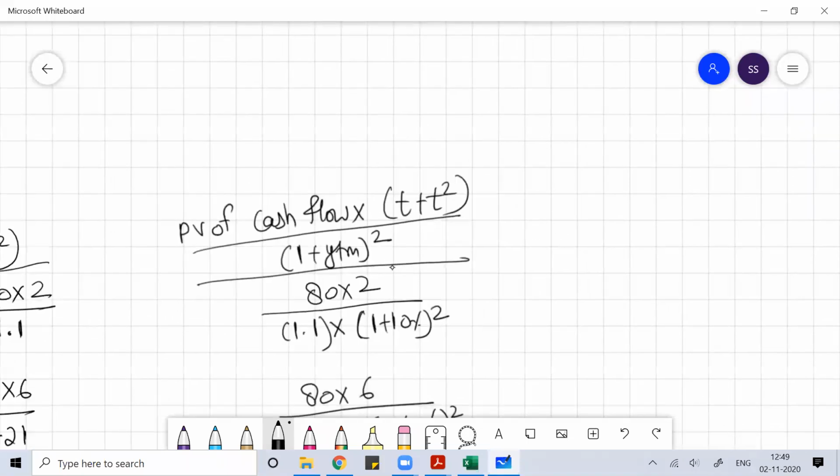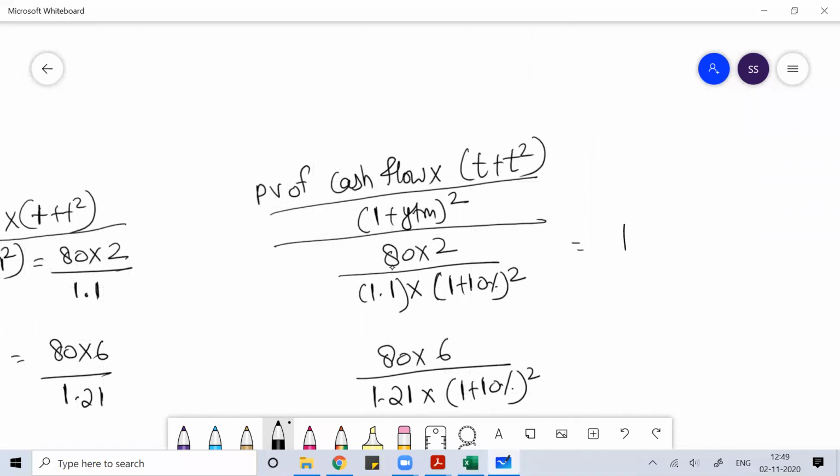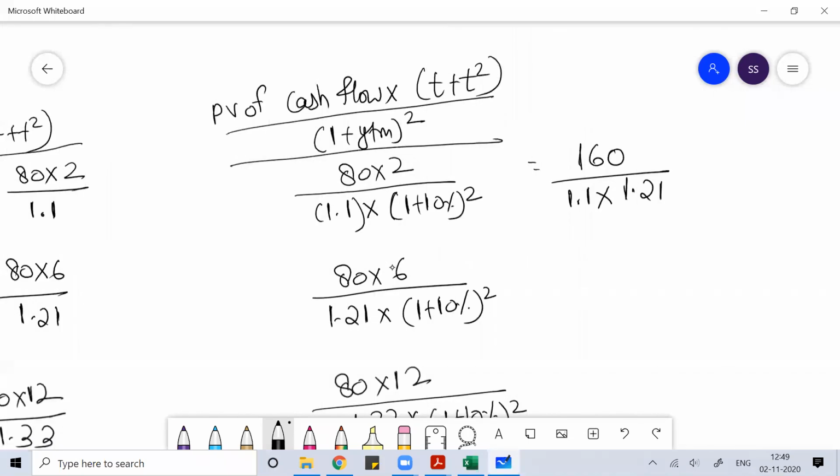If you find this value: 80 into 2 is 160 divided by 1.1 into 1.21, since 1 plus 10% squared is 1.21. Then 80 into 6 is 480 divided by 1.21 into 1.21.